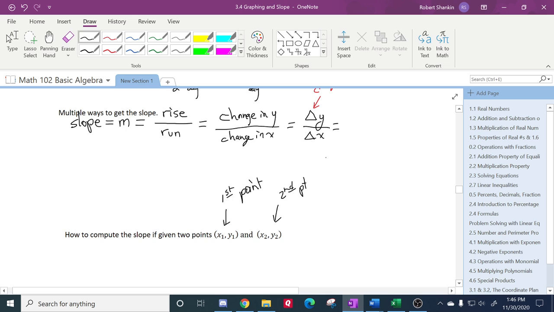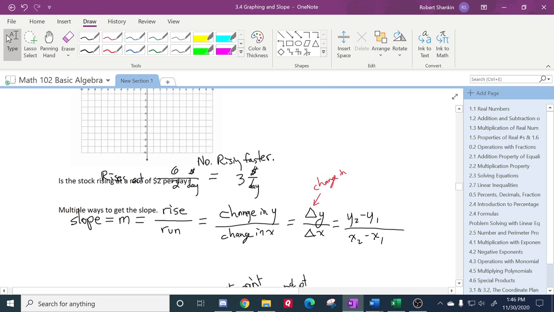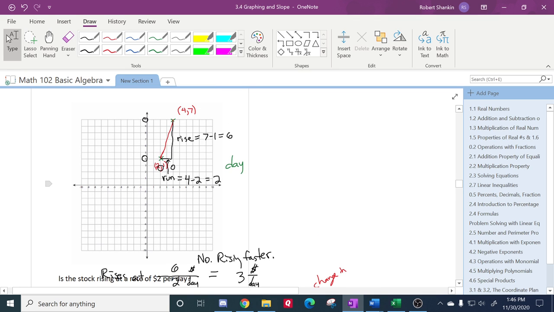If we're using that kind of notation, the change in the y is going to be y2 minus y1, because we just subtracted them. And the change in the x is x2 minus x1. That's what we were doing up here when I did the 7 minus 1. I took the y coordinate here minus the y coordinate.